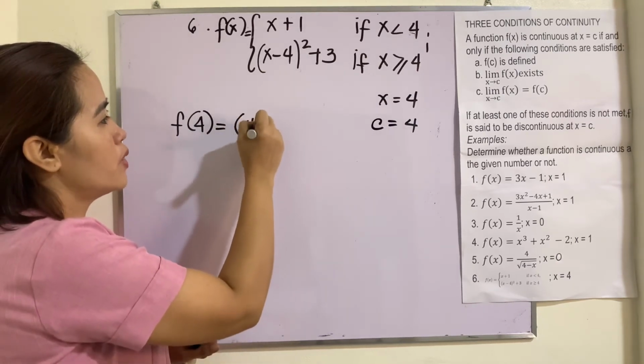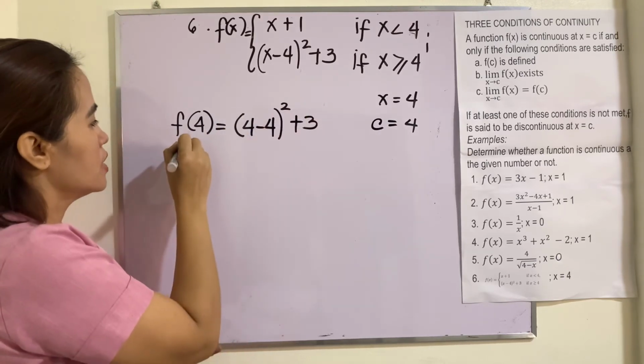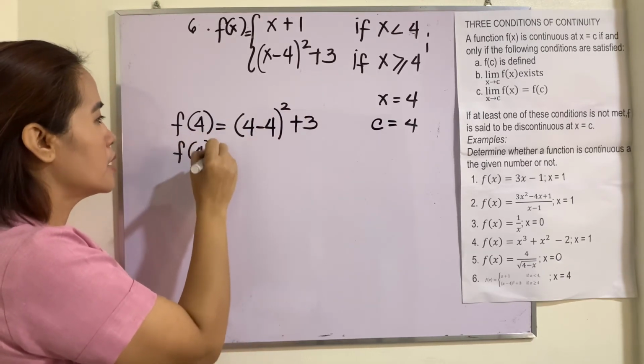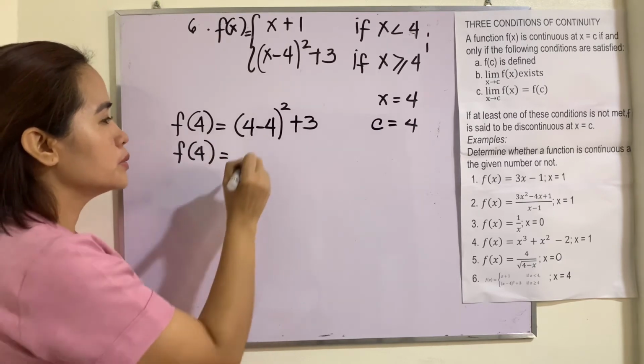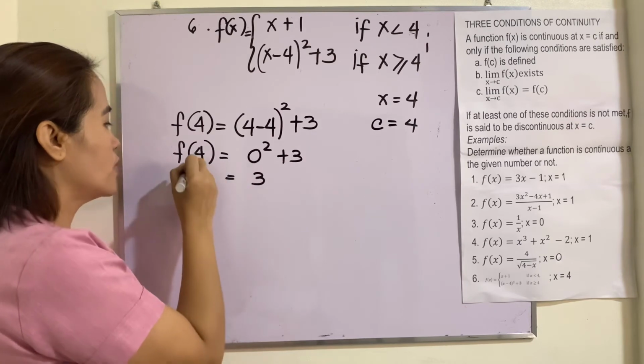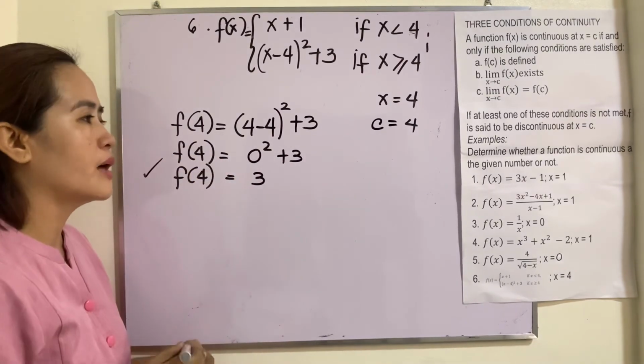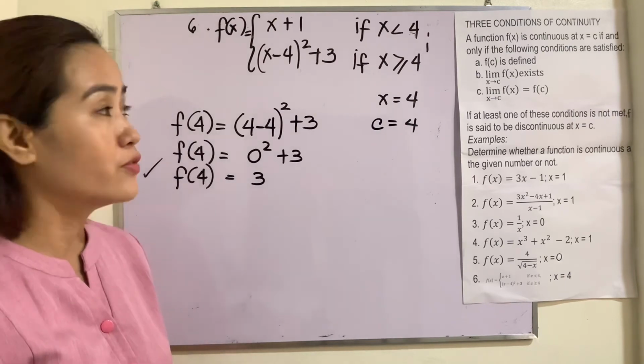So this one is 4 minus 4 squared plus 3. So f of 4 is equivalent to 0 squared plus 3. So f of 4 equals 3. Therefore, we can say that, of course, f of c is defined.